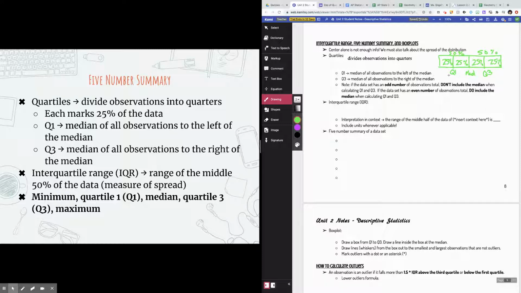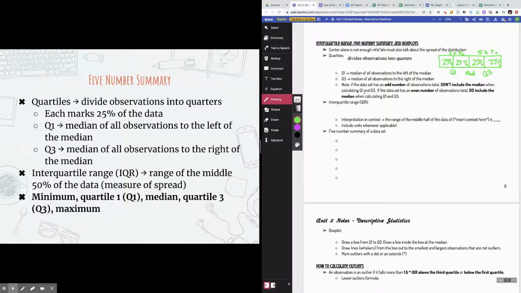Another way you can think about this is at quartile 1, 25% of your data is below quartile 1. Your median, 50% of your data is below the median, which technically is like quartile 2. And then quartile 3 is at like your 75%, right? 75% of the data is below quartile 3.